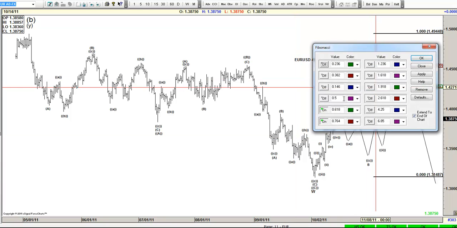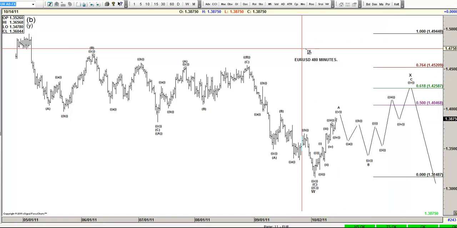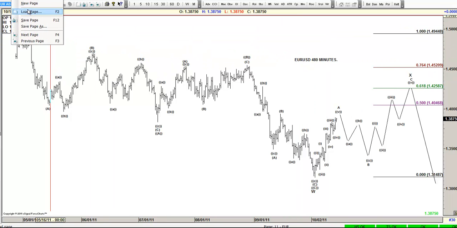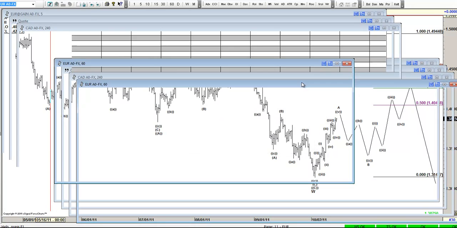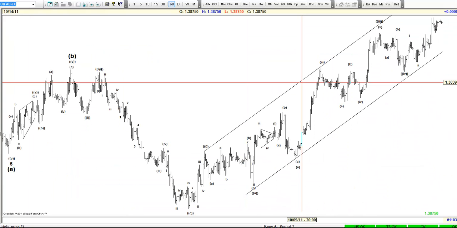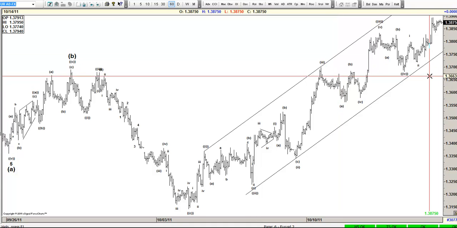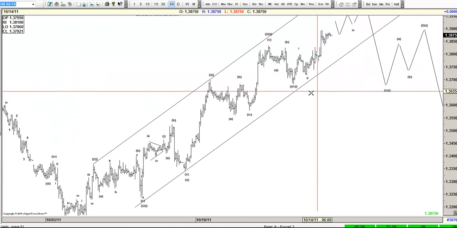The 50% retracement of that complete move comes around 140.46, and I believe that should cap the trade in the euro, and that the euro can go down. Now, looking at a smaller time frame within the euro, we can see right here that there is a possibility of a nest coming out of the lows.